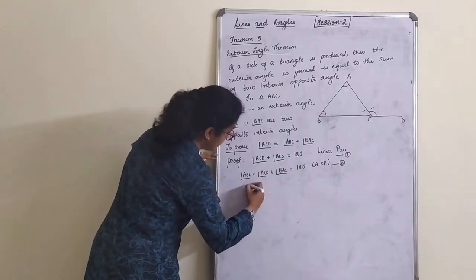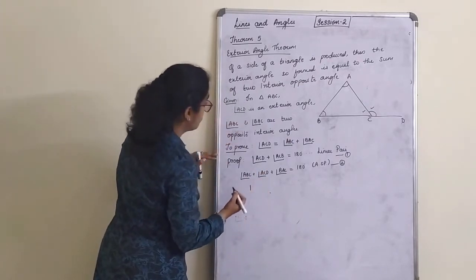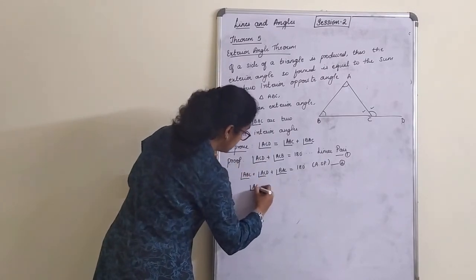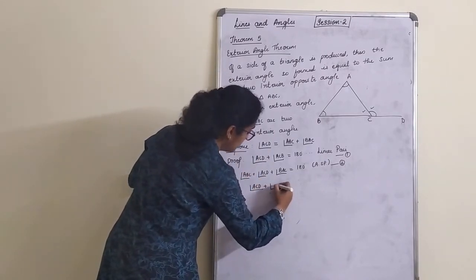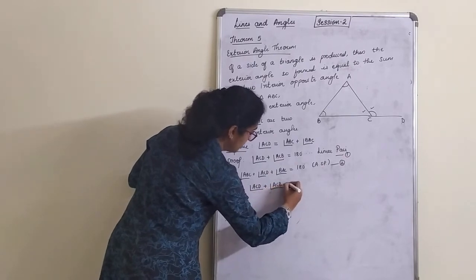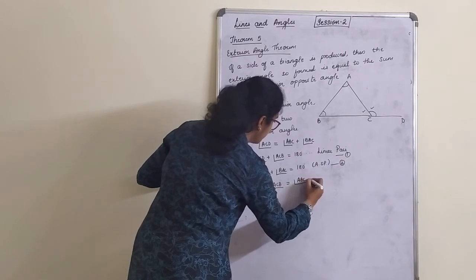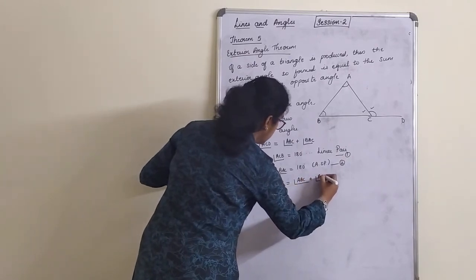So I will write here: angle ACD plus angle ACB is equal to angle ABC plus angle ACB plus angle BAC.